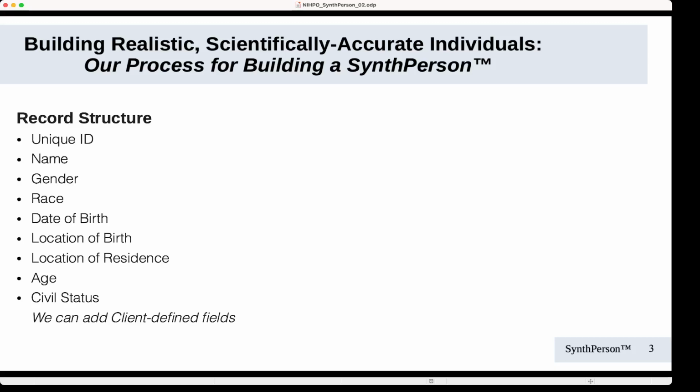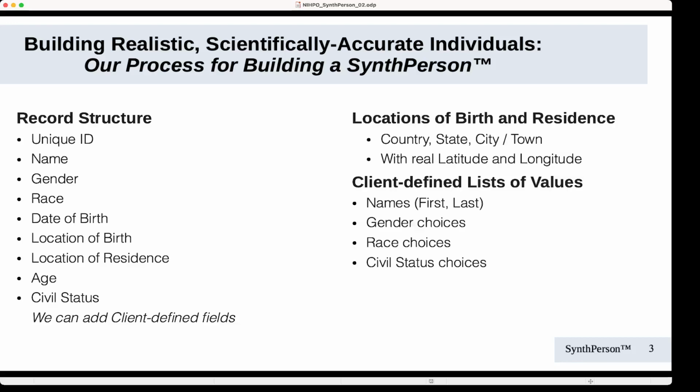So first of all, the process of building a scientifically accurate individual. First of all, the structure of the record is the unique ID. We give them a name, gender, race, date of birth, location of residence, age derived from the date of birth, and then civil status.